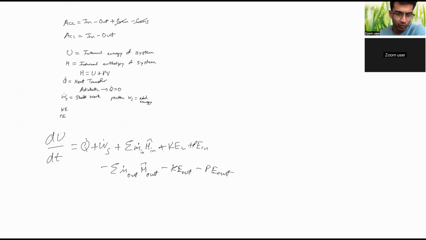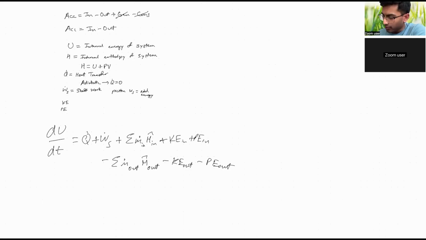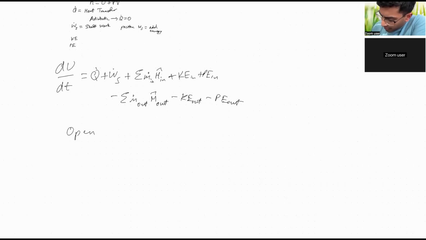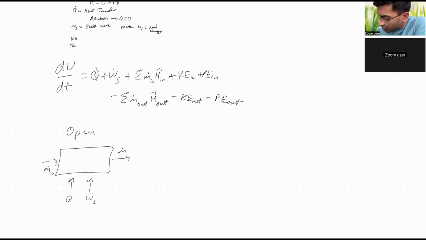Now, this is generic for an open system. And when I say open system, I mean something that looks like this. So you have Q and work, but you also have mass coming in and mass coming out. There's another type of system that is closed.